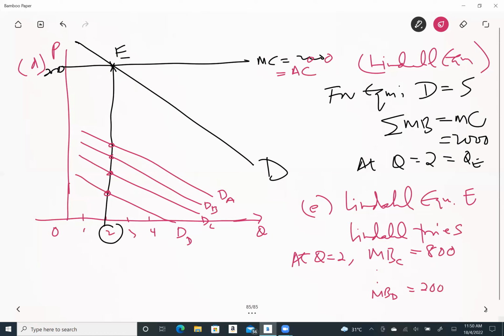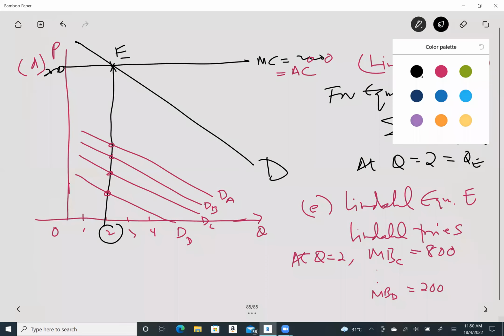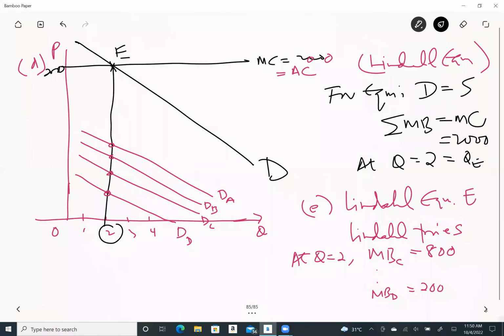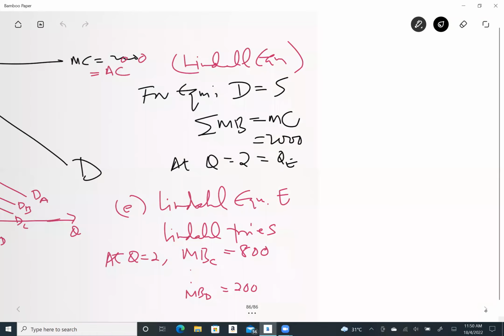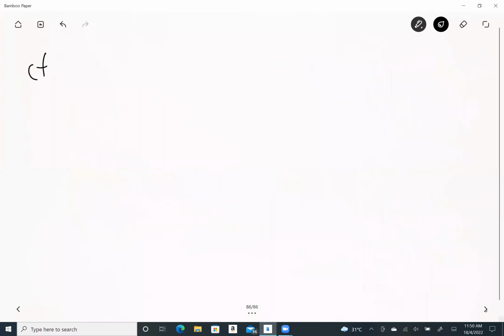Calculate total cost: AC times the Q. So question F, what is the total cost?